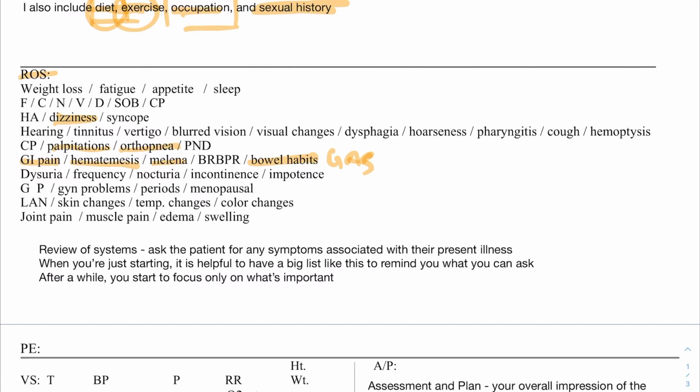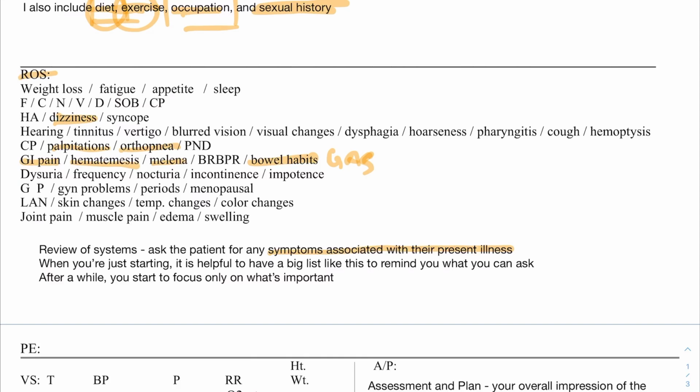So things like that. So we ask for any other symptoms that may be associated with their present illness, and they should be pertinent. So if somebody's coming in with chest pain, I'm not going to really ask them if they have symptoms of like a bladder infection, like it's burning when they pee.